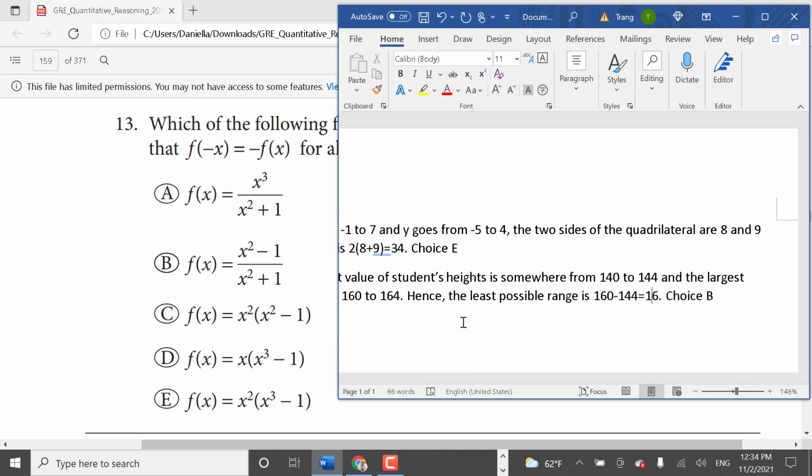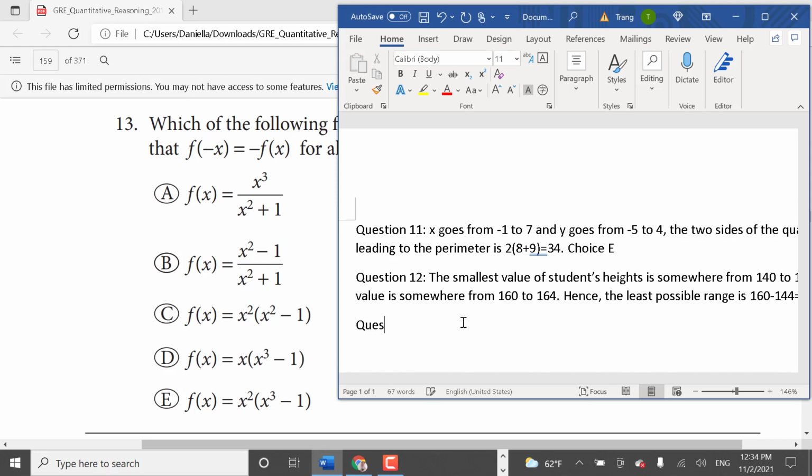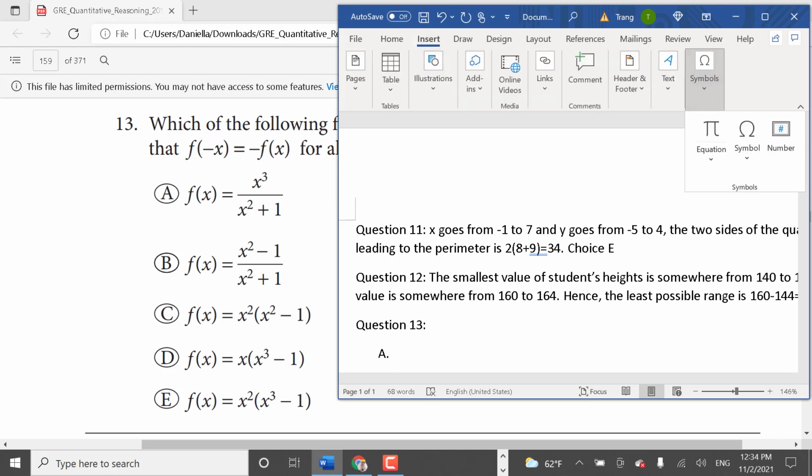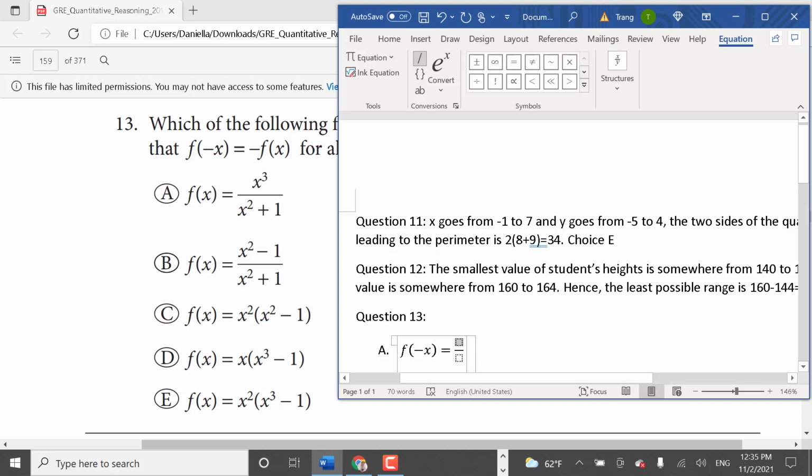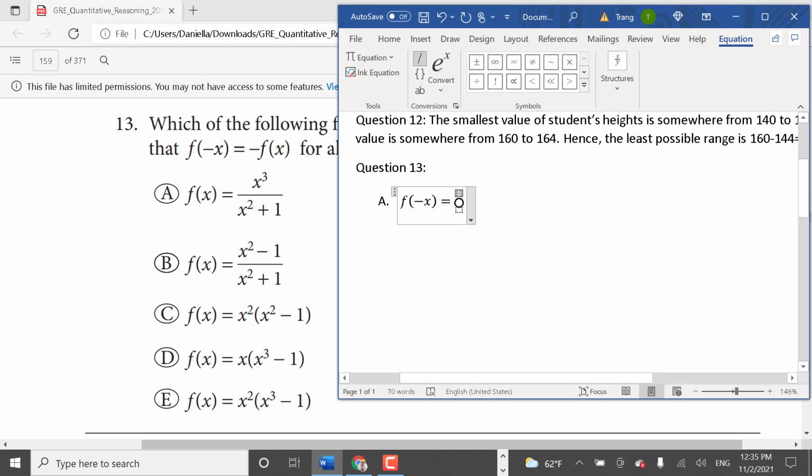We are going to check one by one to see which of the choices is the correct answer. Question number 13. If we look at A, we have to check f of minus x. To define f of minus x, we basically replace x by minus x. So we have minus x whole cube on the numerator. The denominator is minus x squared, and then plus 1.